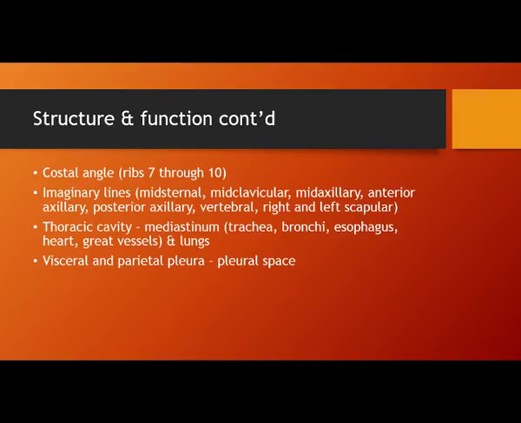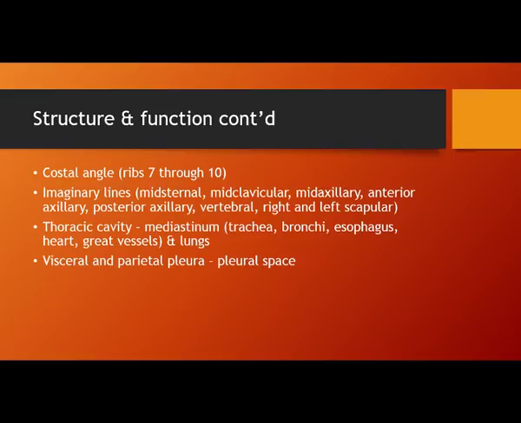And then there's two mid-axillary lines as well, a right and a left, and also two anterior axillary, two posterior axillaries. Then there's only one vertebral line, the one that corresponds to mid-sternal on the back, but there's two scapular lines, the right and the left.